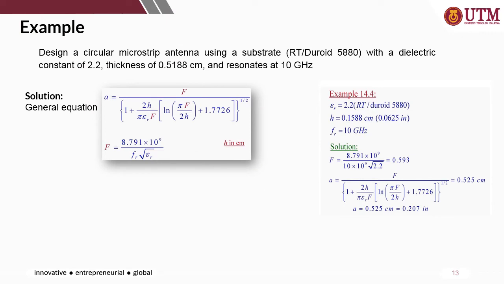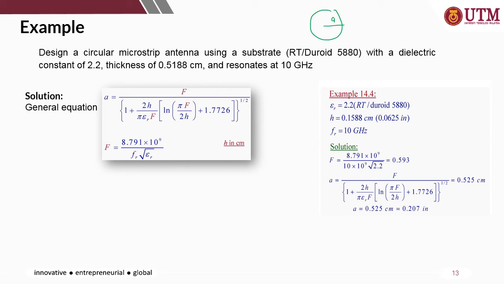Okay, let's look at an example. We have seen the procedure to determine the radius of the circular patch, a. Actually there are a lot more steps in order to determine the directivity and the conductance of the circular patch. However, we are just focusing on the main parameter in designing the microstrip patch.